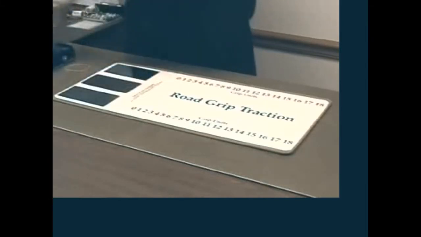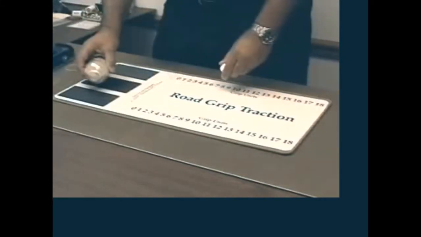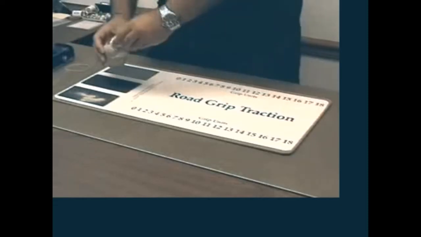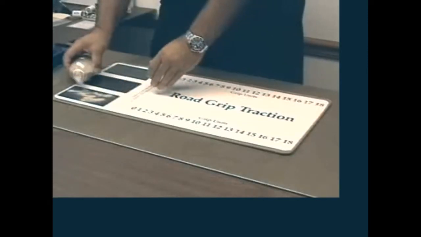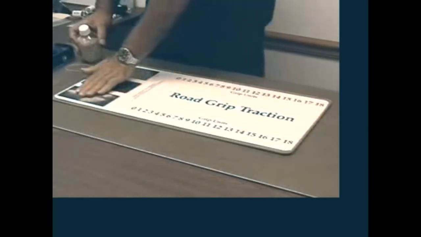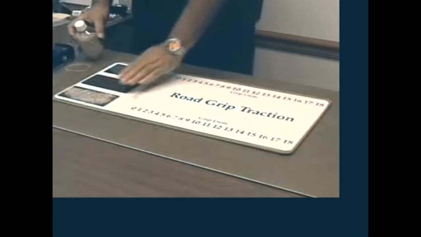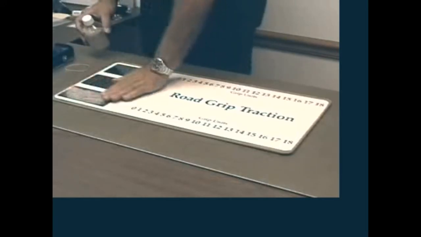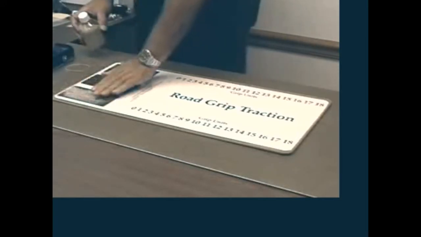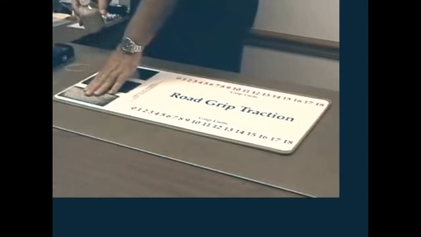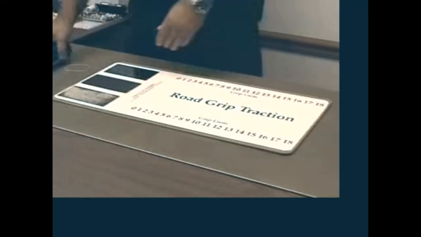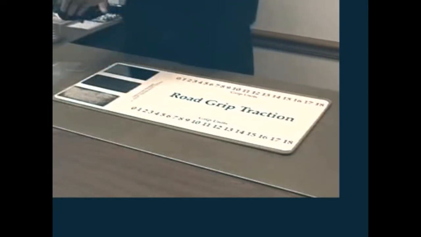Or a problem that we sometimes have is we drive on a road surface that has gravel on it. So we'll just put some sand here to represent loose gravel on a road. So we go off of one roadway, we make a turn, and all of a sudden we're on this type of a road that has some loose gravel on it.